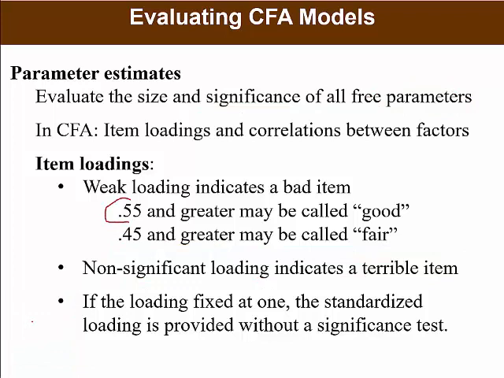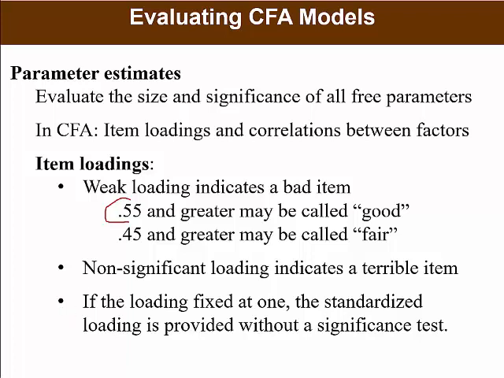One thing to note is that we've talked about identification and how we need to scale our factors, and one of the ways we can do that is by fixing one item on each scale to have a unit loading on its factor. We constrain one of those factor loadings to be exactly 1. At least that's one way. We could also simply constrain the factor to have a variance of 1.